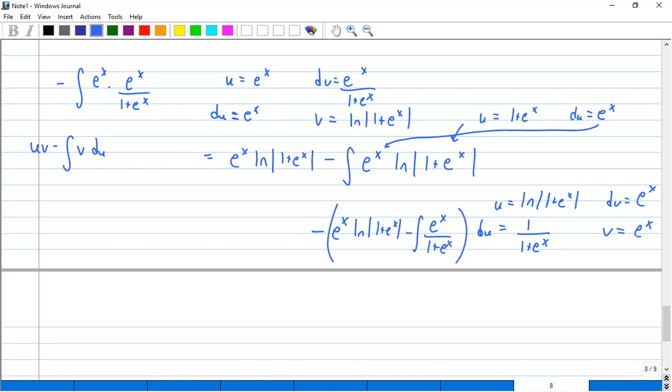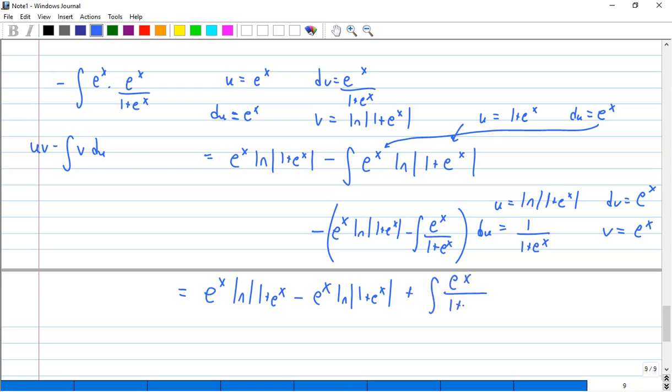Can I do that integral because I did it earlier? All right, so let's see what we have. This is e to the x, natural log absolute value of 1 plus e to the x, minus e to the x, natural log absolute value of 1 plus e to the x. And then this is going to be plus the integral of e to the x over 1 plus e to the x.